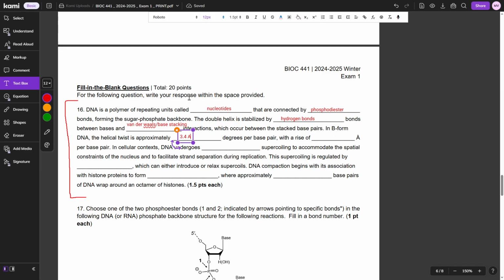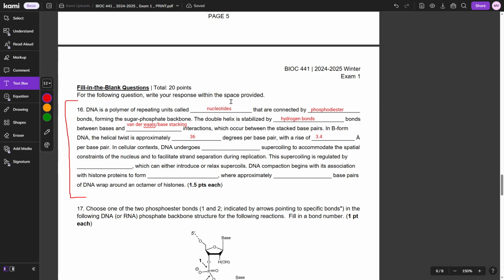Wait, sorry, I just realized I messed this up. The helical twist is 36 degrees. The rise is 3.4 angstroms. So these are just things you have to write on your note card. You just got to write them down. There's no point in trying to memorize these.